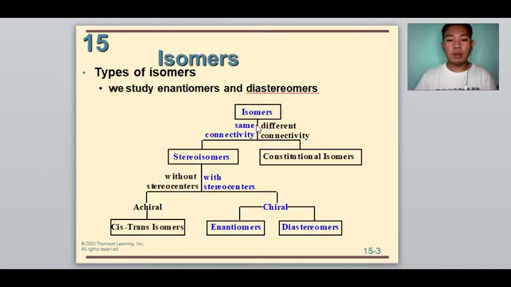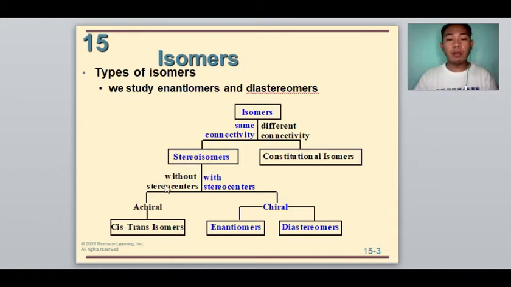This figure summarizes the different types of isomerism. So, isomers are either stereoisomers or constitutional isomers. If these isomers have the same connectivity, they are considered stereoisomers, while isomers with different connectivity are said to be constitutional isomers. Further, stereoisomers are classified into achiral and chiral stereoisomers.